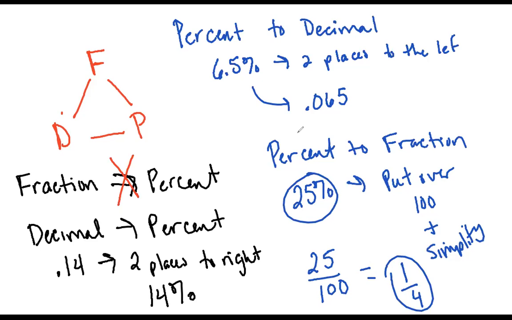So that's all of them. You can always relate all of these rational numbers together: fractions, decimals, percents, all of it. The only one that's not direct, you can't go directly from a fraction to a percent. You have to go with the step in between of the decimal.